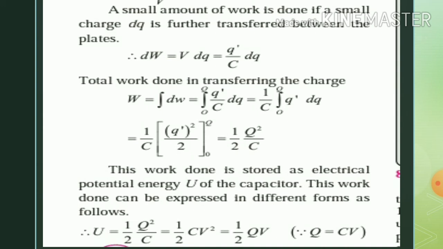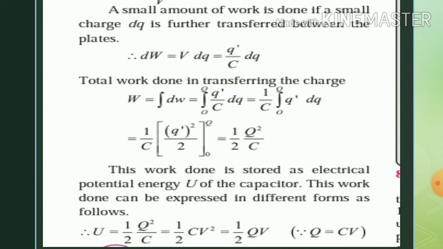This work done can be expressed in different forms as follows, and this work done is nothing but electrostatic potential energy or electrical potential energy.